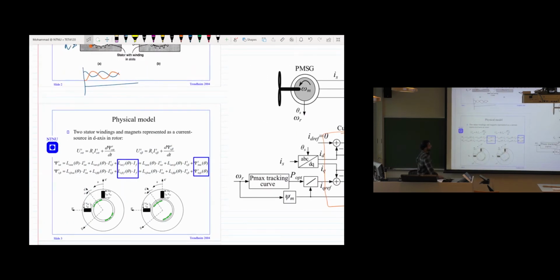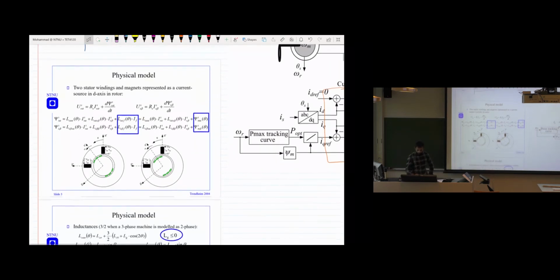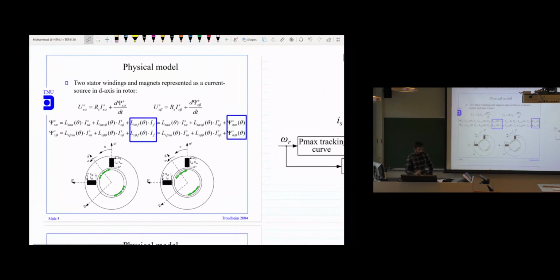So how can we do that? In order to do that, we need to understand the machine modeling, the physical modeling. I think Roy has discussed all these things, and you are very familiar, since it's the same modeling principle that you have done for the synchronous machine. And you have the two voltage equations for the alpha component and the beta component.